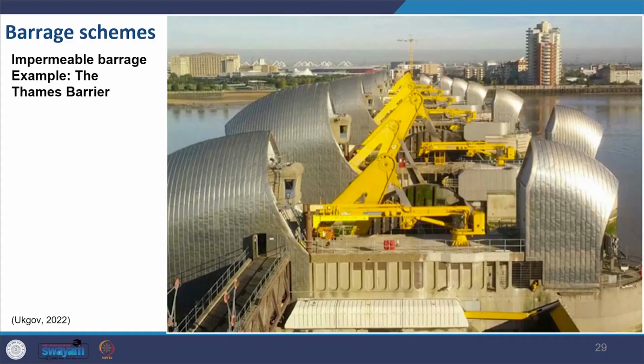Looking at barrage types, there are two basic categories of barrage: impermeable and permeable. One example is the Thames Barrier, which provides flood defense against high tides and tidal surge.